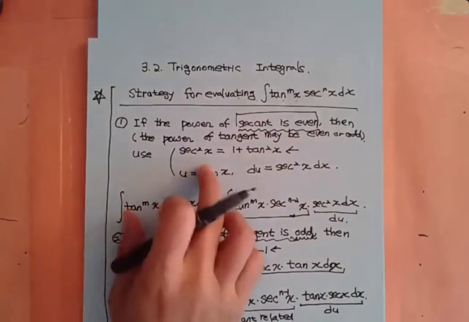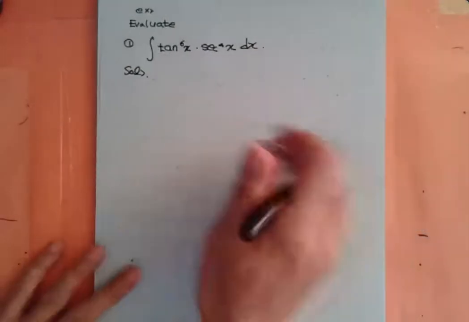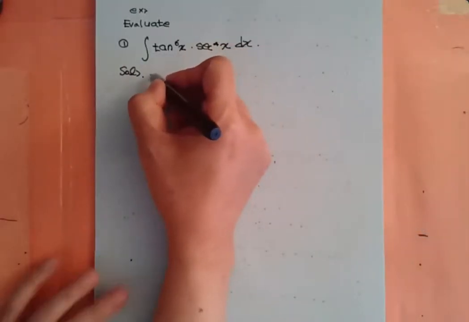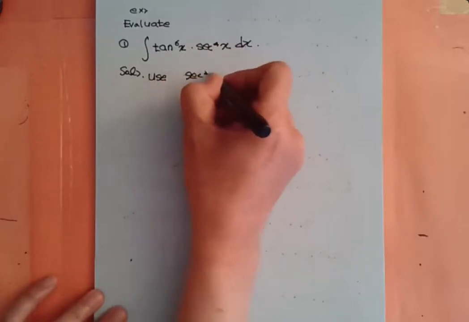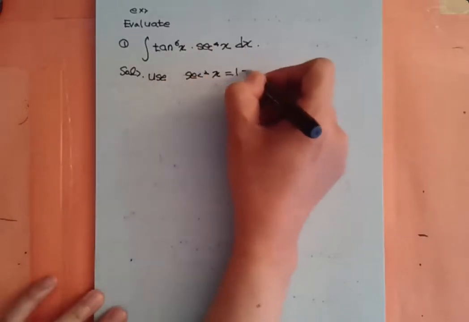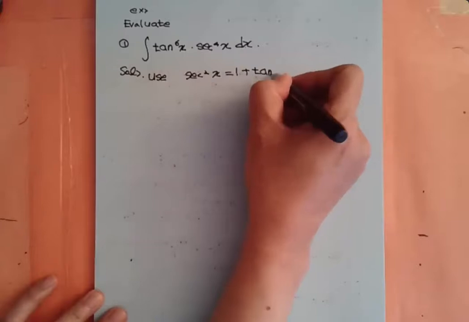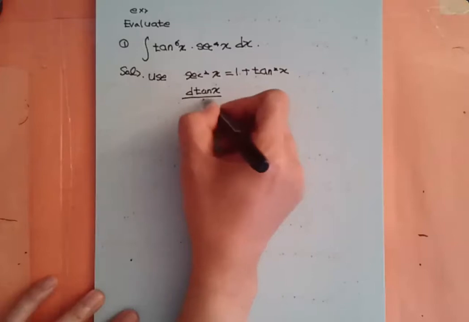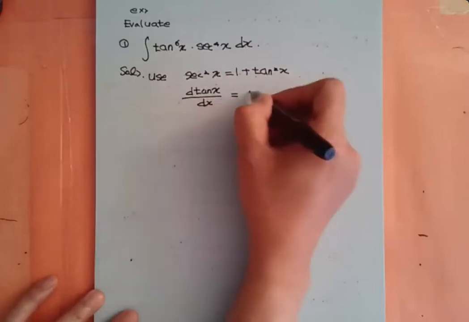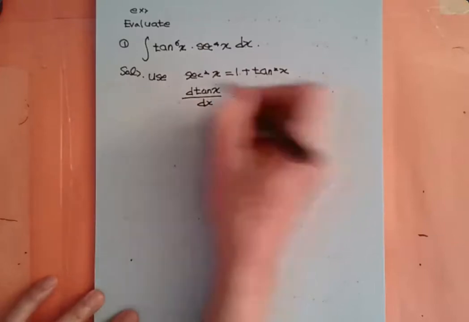So we will use that strategy. What you have to think about is you will use secant squared of x equals 1 plus tangent squared of x. And when you differentiate tangent of x, you will have secant squared of x.